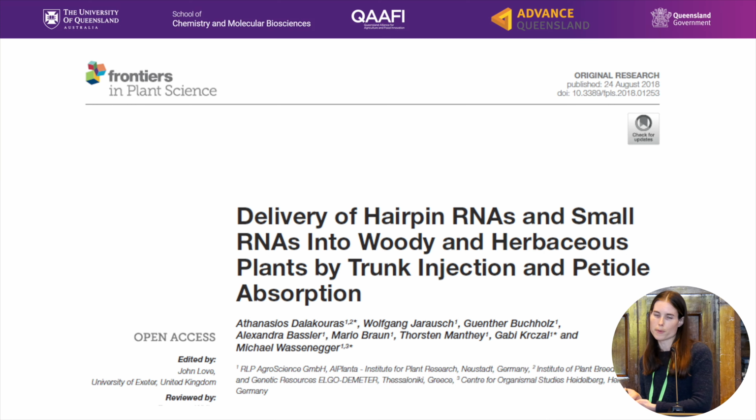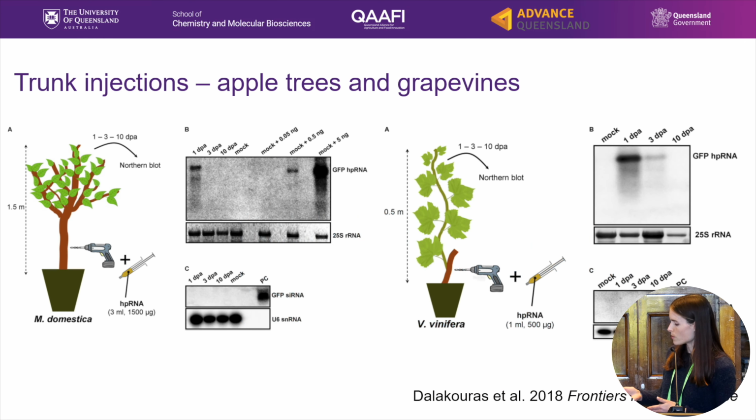So I was reading this paper, which was quite interesting. They were actually delivering RNA into woody species, and they were using trunk injections and petiole absorption. So these are some of the results from that paper. They were looking at apple trees and grapevines and doing some trunk injections, and they were able to detect RNA in the new growth at early time points, within a few days.